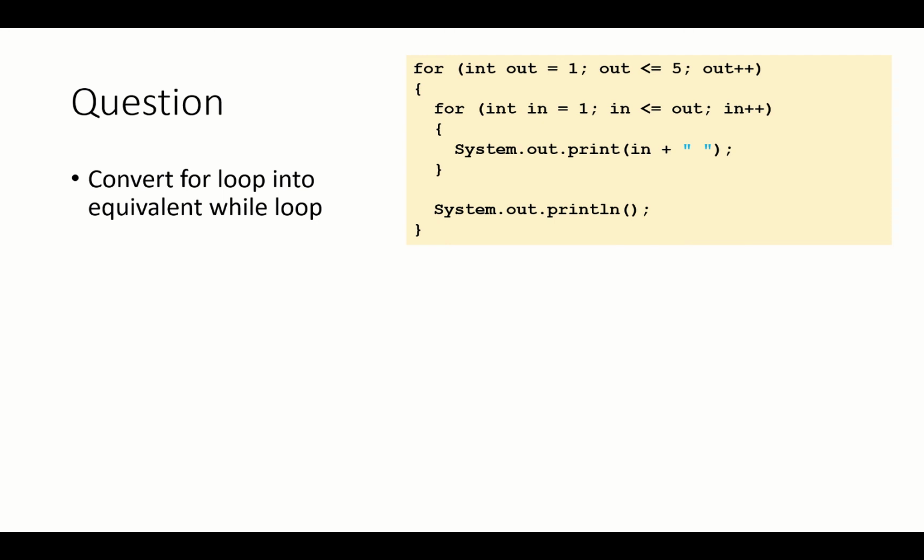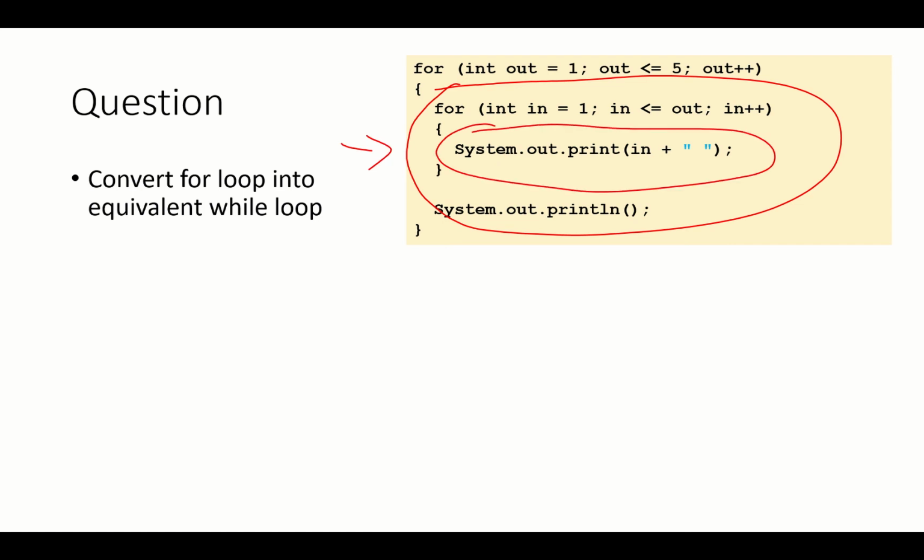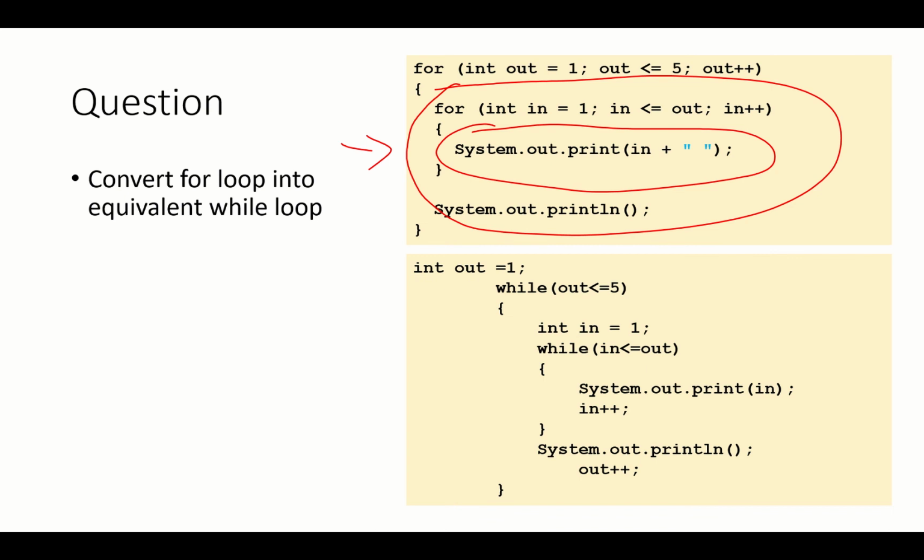Okay, so for this one, you should be very clear, okay? What is the loop body? So first, this is the outer for loop's body, right? Second is the inner loop's body, okay? After you know that, it should be easy to convert to the while loop, right?